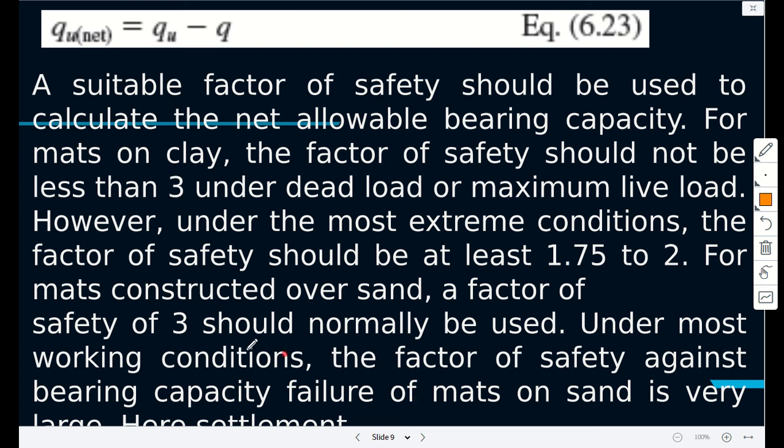So we're saying the bearing capacity on sand, especially loose sand, is problematic. So we are saying 3. This is a higher value compared to 1.7. But in extreme conditions, unless you are sure of a lot of things, you use such low values.